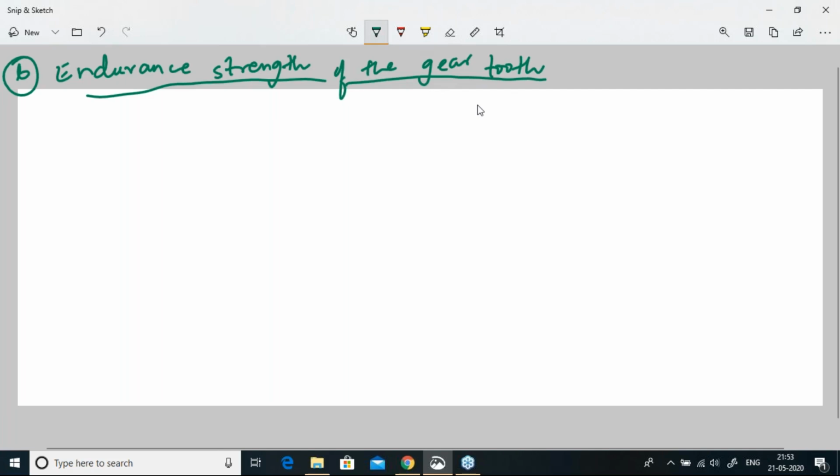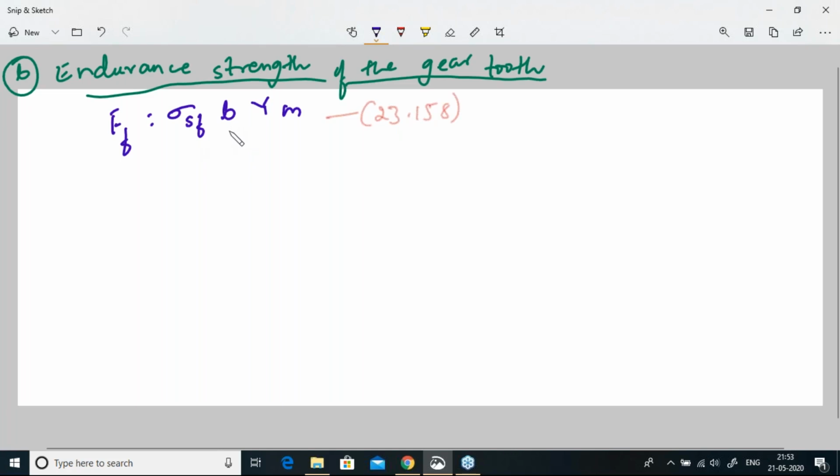We have the equation for endurance strength of the gear tooth, that is FF is equals to sigma SF into B into capital Y into M. Equation number 23.158.